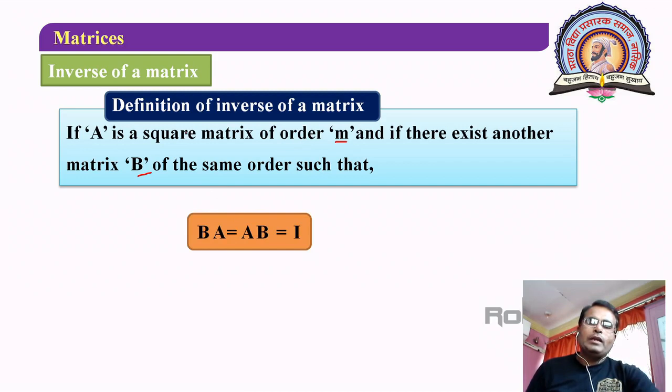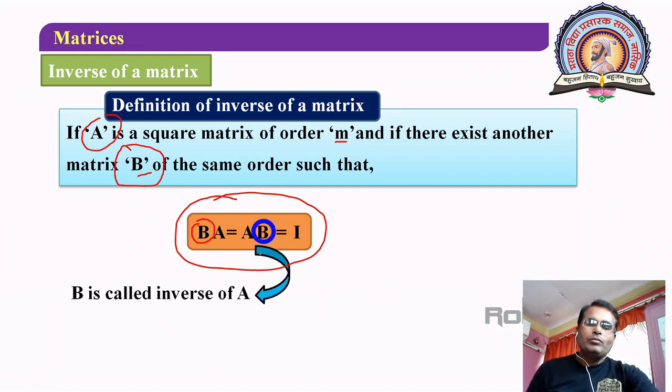For the given matrix A, if there exists another matrix B of the same order, which is a square matrix, such that BA is equal to AB is equal to I, then this matrix B is called the inverse of A. It is always denoted by A raised to minus 1, and therefore this relation changes to A raised to minus 1 into A and A into A raised to minus 1 is equal to I, because B is replaceable by A raised to minus 1.